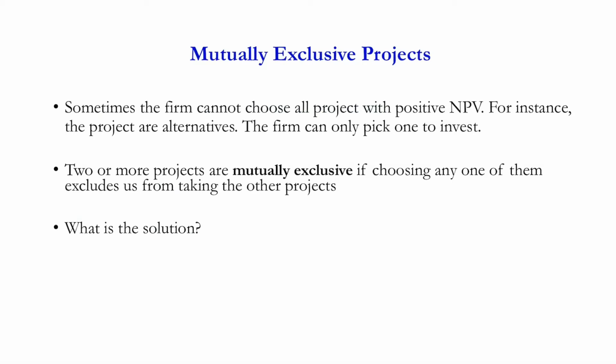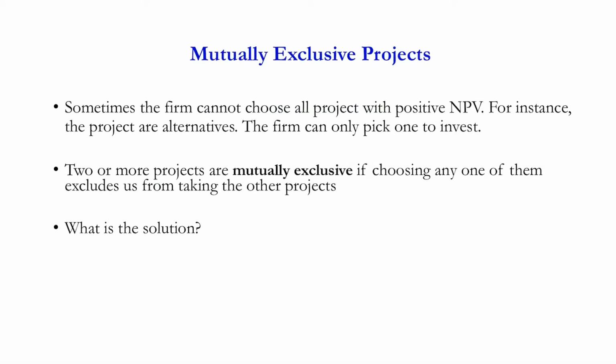Another example in a corporate setting would be, for example, Tesla wants to choose a design for one of its cars. Let's say Tesla has three designs: A, B, and C. Choosing one of these designs, for example B, will prevent Tesla from choosing A or C. These projects are called mutually exclusive projects.